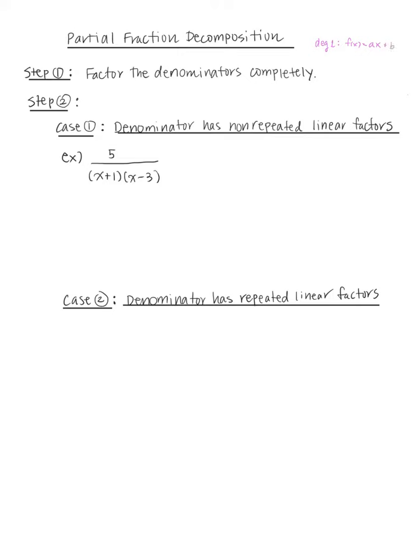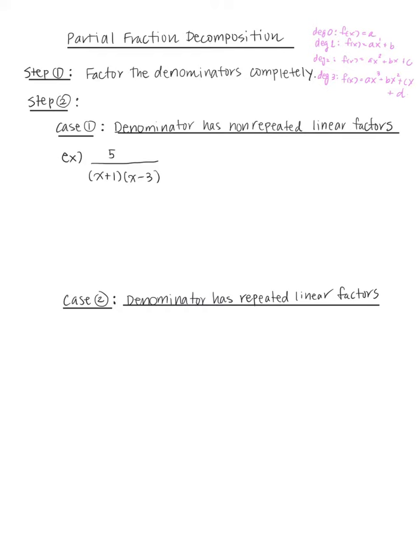Degree 2 would be f of x equals ax squared plus bx plus c, and degree 3 it's going to look like ax to the third plus bx squared plus cx plus d. And degree 0 will be just a constant term. So f of x equals just a constant. Let's just call it a.